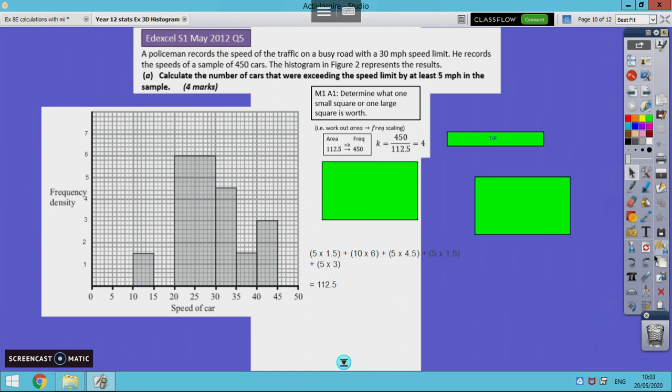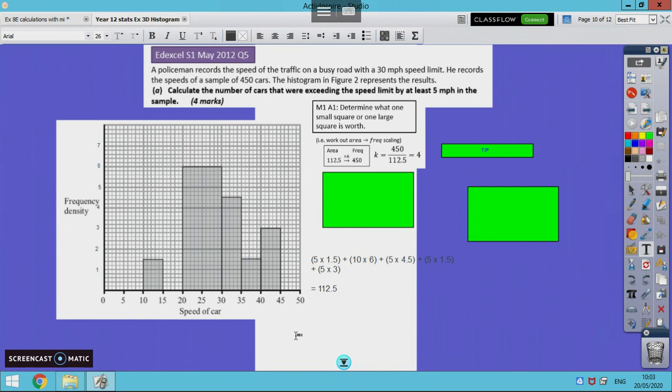So that would be 5 times 1.5, add 5 times 3. 5 times 1.5 is 7.5, and then add 15 is going to be 22.5.